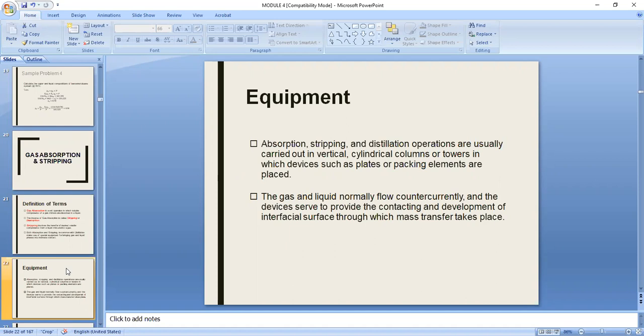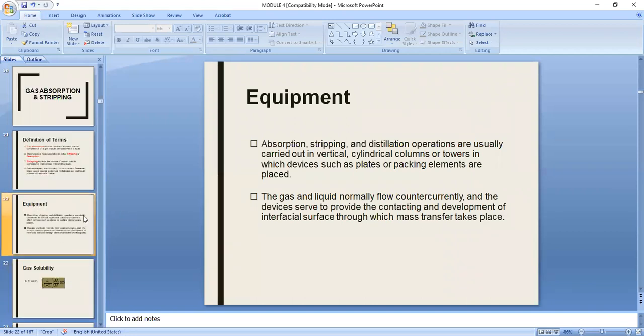So in the process of interacting the phases, there is this development of the interfacial surface where real mass transfer occurs. So if the manner of contacting, or let's say the time of contact, is insufficient, there won't be the establishment of this interfacial surface, which will of course make separation not 100% or near 100%.